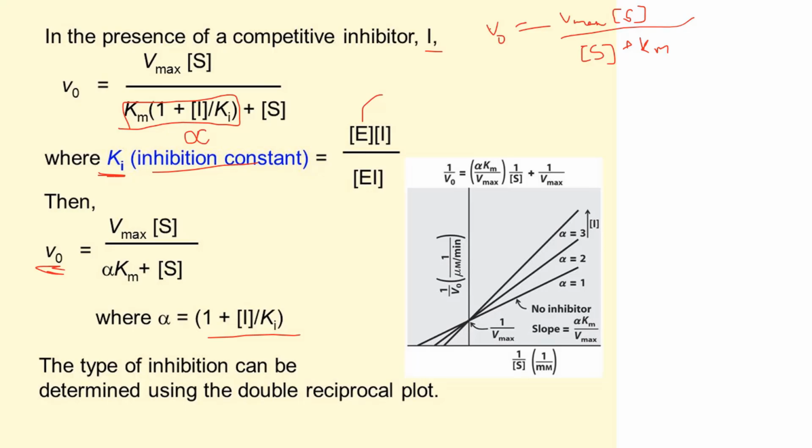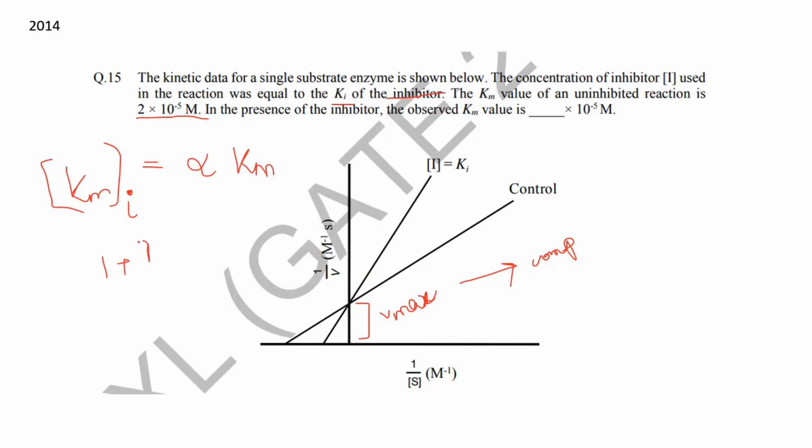So let's go back. 1 plus I by Ki into Km will give you the Km in the presence of an inhibitor. The concentration of the inhibitor used in the reaction is equal to the Ki. So if the concentration of inhibitor and Ki are the same, both of these will cancel out.